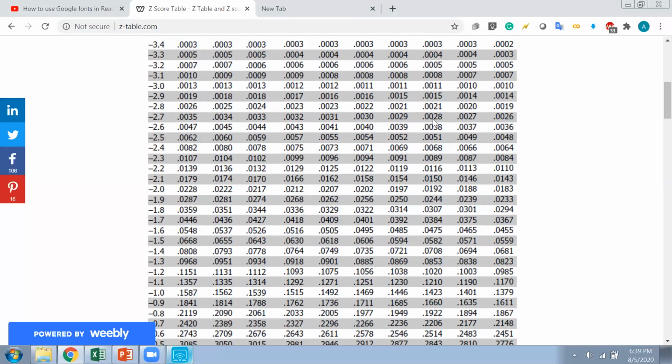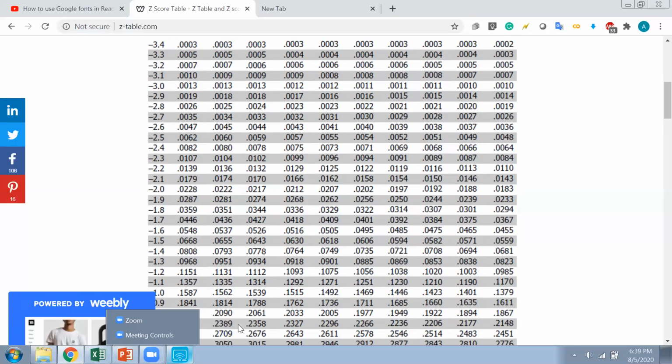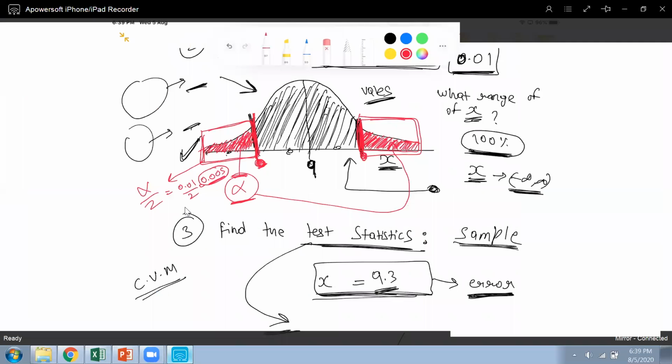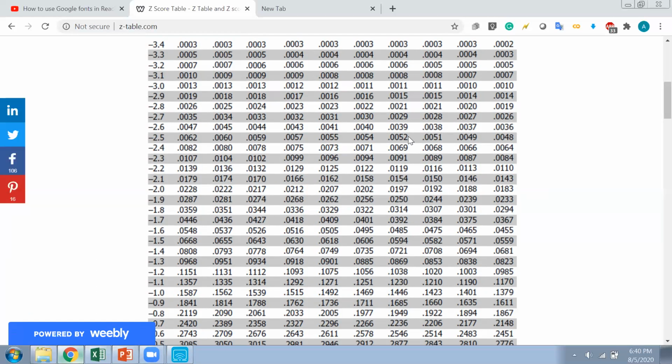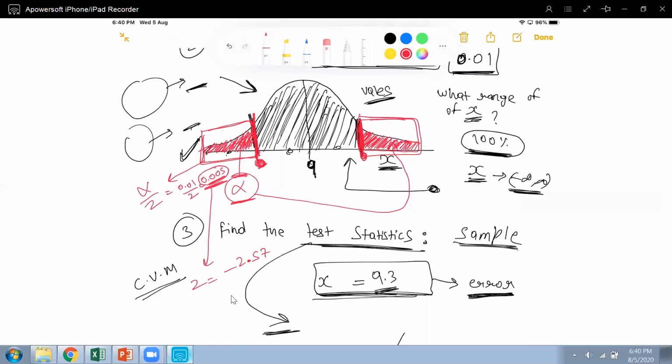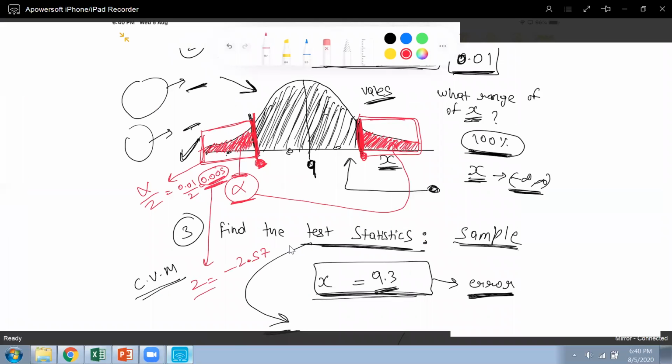So what will be this value? Negative 2.57. The Z value corresponding to this value, we have got negative 2.57. Is it 57 only? Yeah, 2.57. So now we have got the Z value.